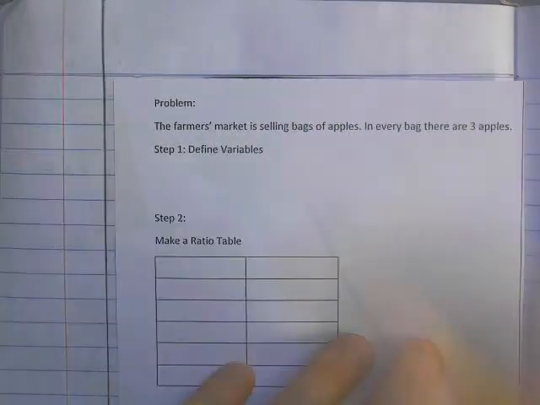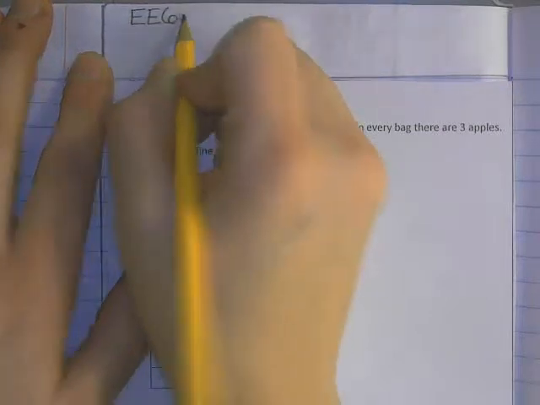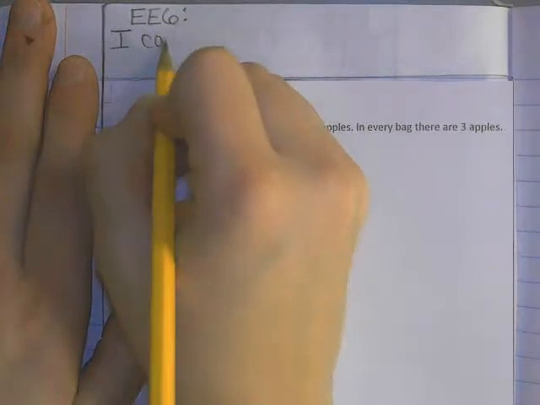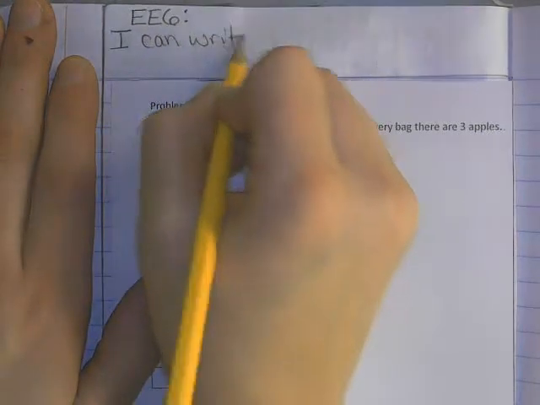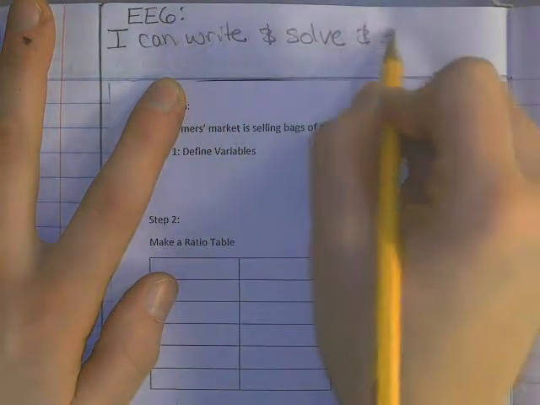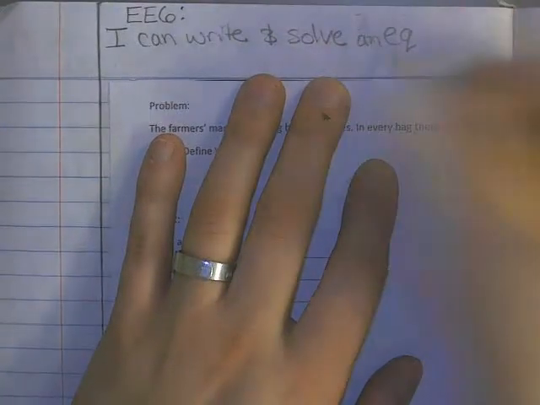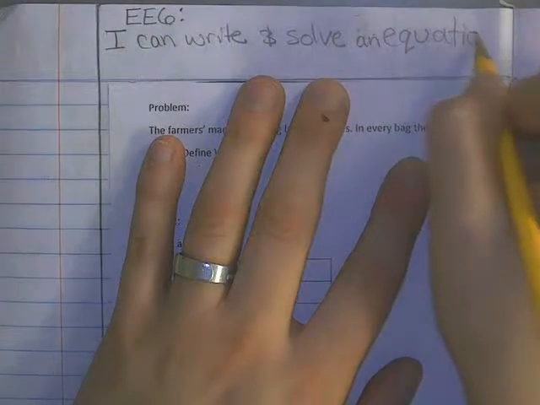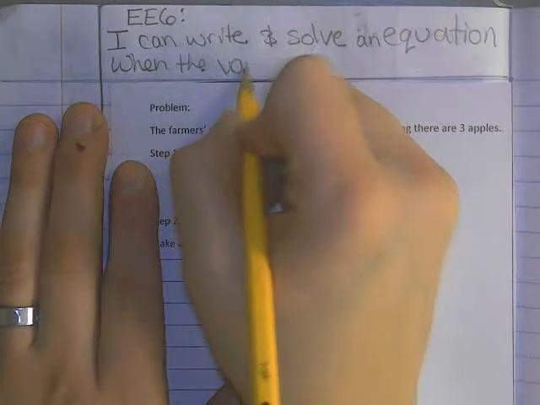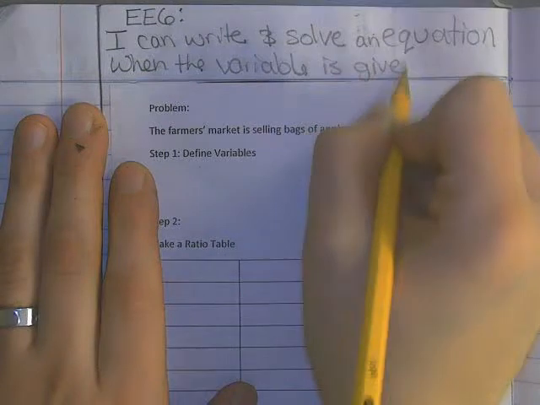Okay, so, ladies and gentlemen, we are still working on EE6. There's a lot of information here, as you guessed. And that is, I can write and solve an equation when the variable is given.